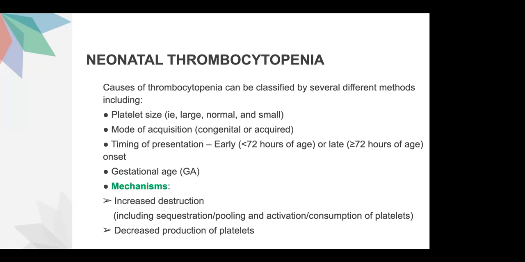There will be increased risk of thrombocytopenia with decreasing gestational age. Another is by classifying according to the mechanism, whether it is increased destruction or consumption of the platelet, or decreased production of the platelet.